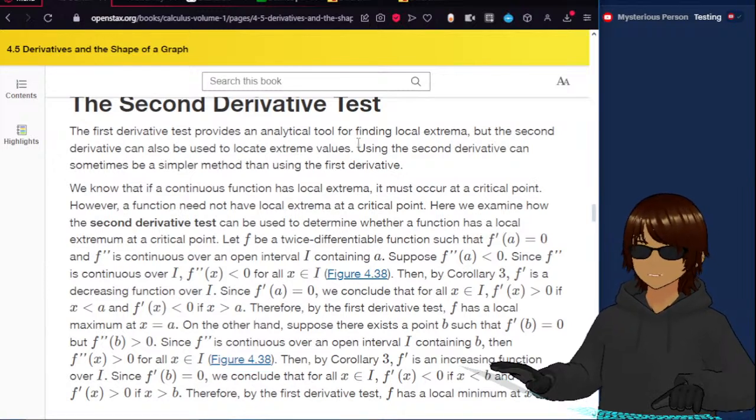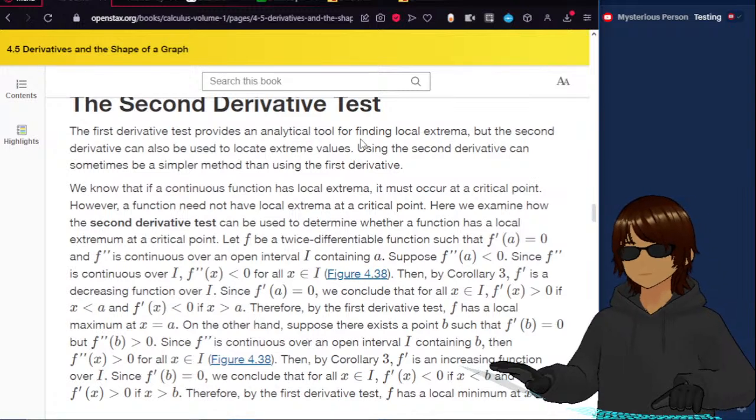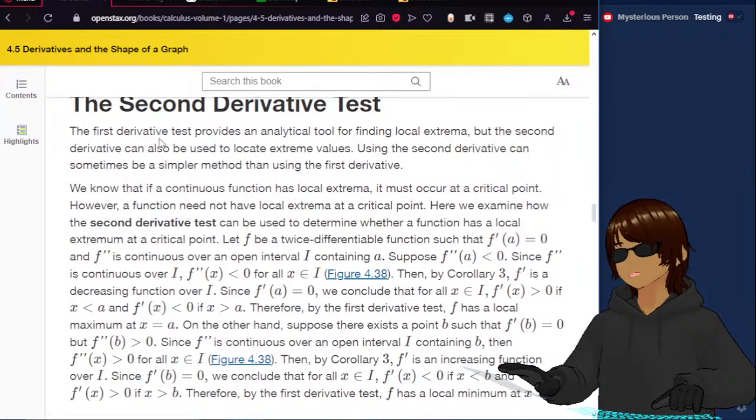Second derivative test. The first derivative test provides an analytical tool for finding local extrema, but the second derivative can also be used to find local extrema values. Using the second derivative can sometimes be a simpler method than using the first.